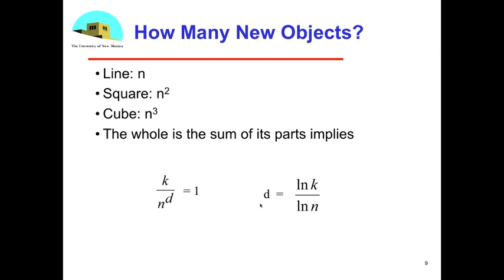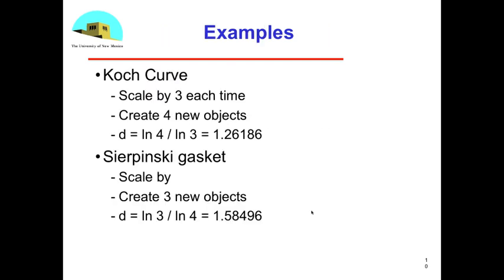This is a very interesting measure of how we can get a notion of dimension for these kinds of objects. Let me show you those examples for the ones we've seen, the Koch curve and the Sierpinski gasket, and then I'll show you one or two others. For the curve, we scale by a factor of 3 each time, so that gives me log 3 on the bottom, and we create 4 new objects each time, so we get a dimension of log 4 over log 3.